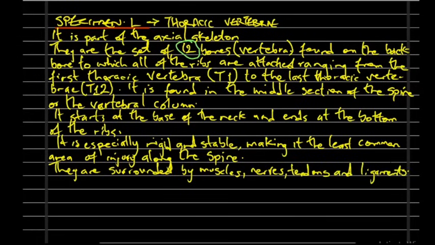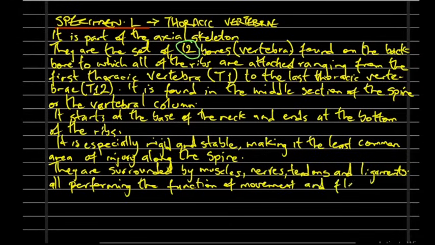So these are things that you find in that region, and they all have their functions because they help with movement and flexibility, all performing the function of movement. They help to bring about movement as well as flexibility.